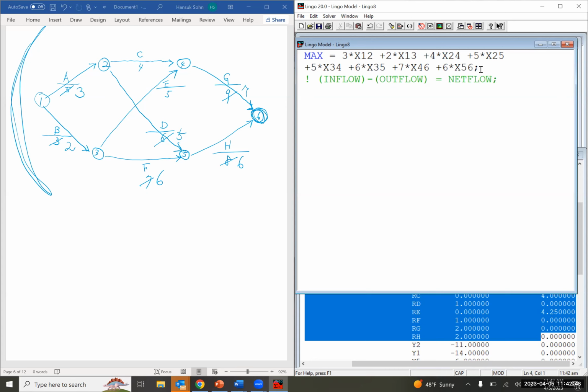So for each event, we need to do this, right? So for event number 1, it's going to be x12, x13 equals -1, because event number 1, node number 1 is the supply node.